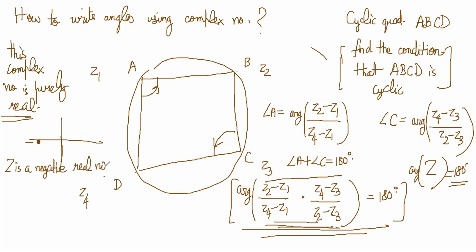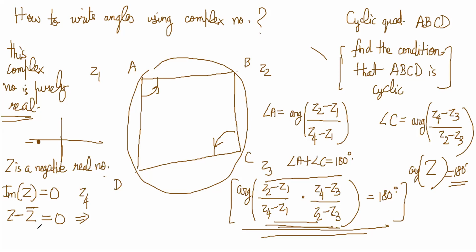You can say that the imaginary part of Z is 0, right? You can also say that Z minus Z conjugate is 0, which is the same as the imaginary part of Z being 0.